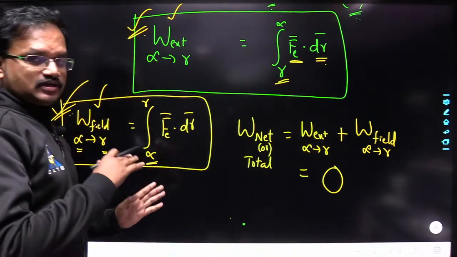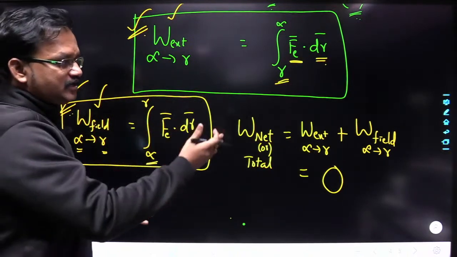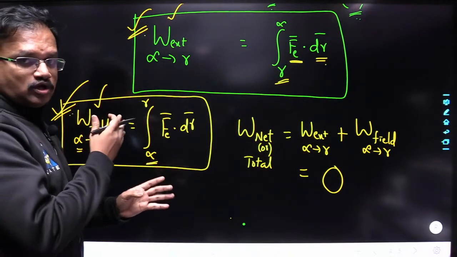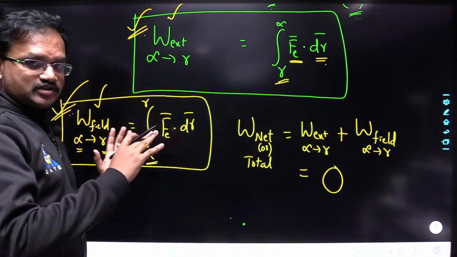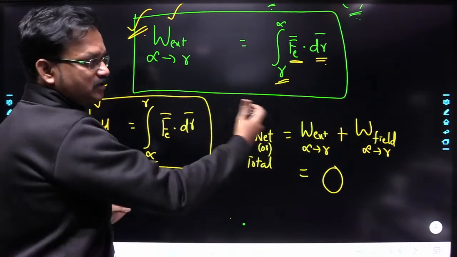As I mentioned it for the gravitational field, and here it is for the electrostatic field, so don't neglect those topics. Whatever I have explained in terms of the gravitational field, we can relate to the electric field.